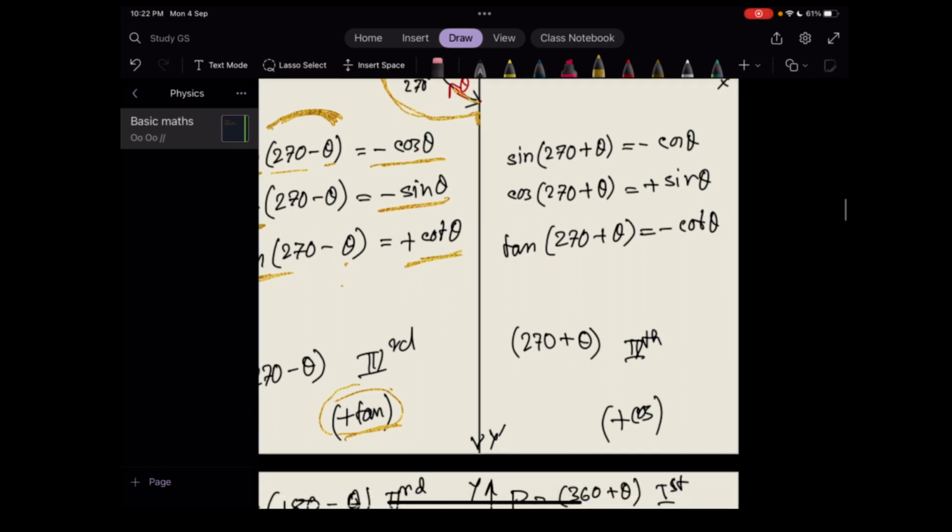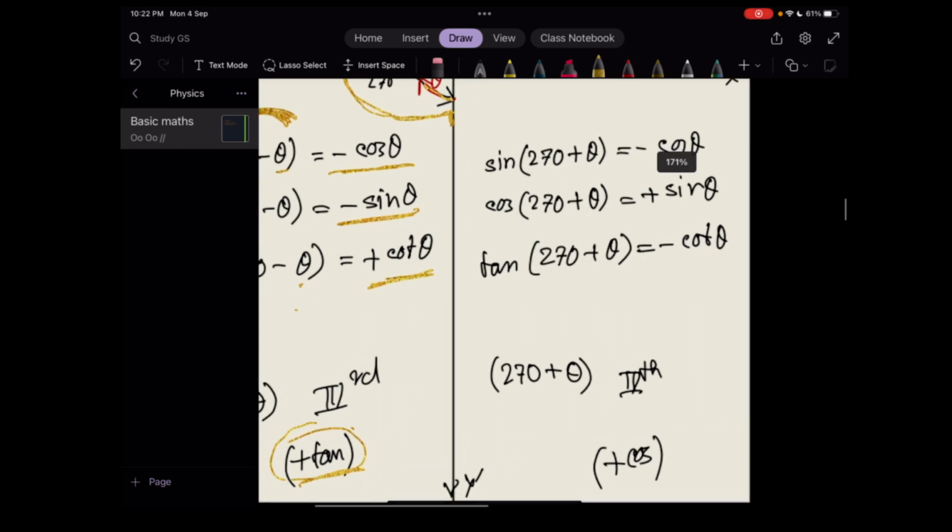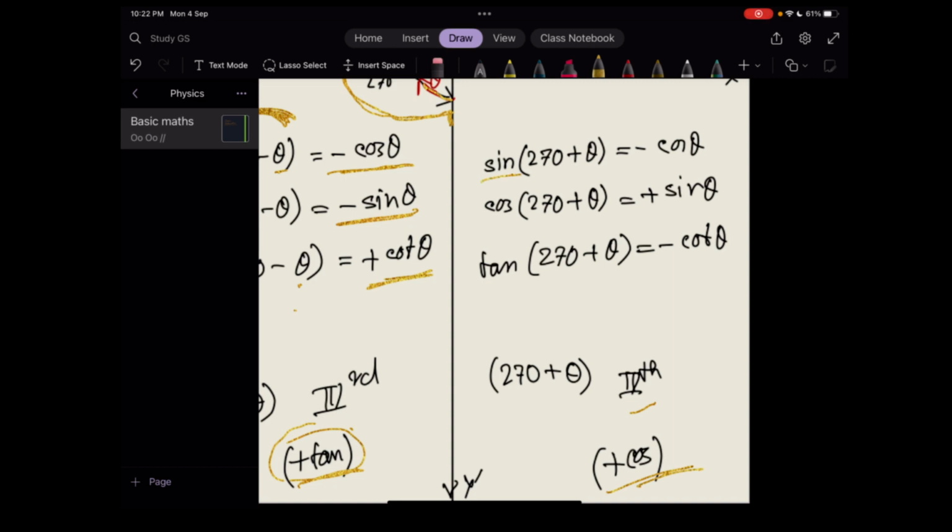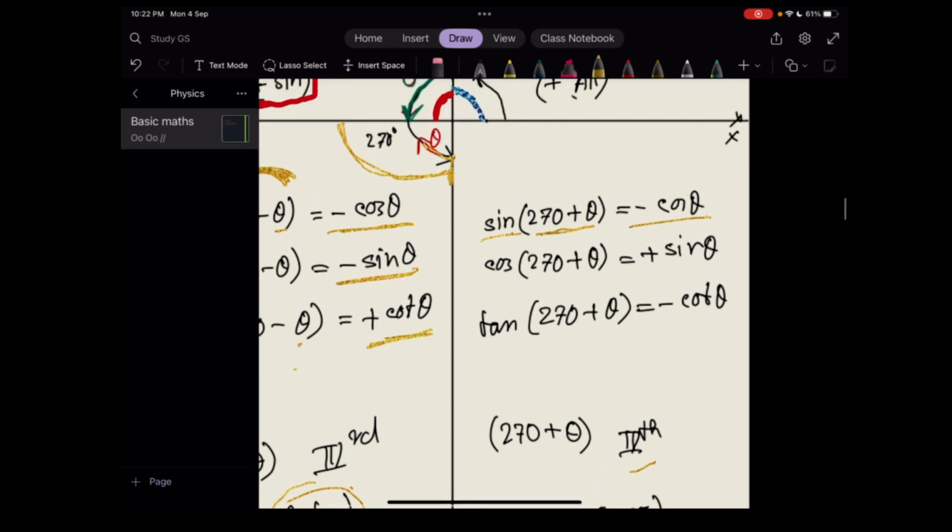And now let's get to the last part, the fourth quadrant. In the fourth quadrant only cos is positive, so sine 270 plus theta is minus cos theta. From 270 to 360, this is 270 plus theta.